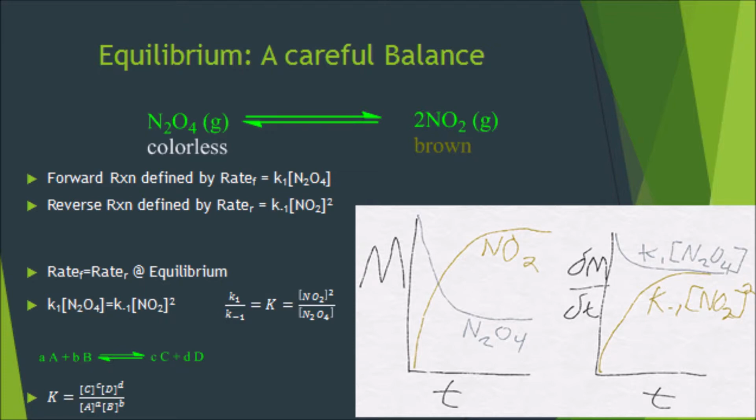For now, we only need to consider the concentrations of products and reactants at equilibrium. So, as we set up equilibrium for a given reaction, A and B go to C and D, the K expression is always going to be given as the products over reactants raised to the power of their coefficients.